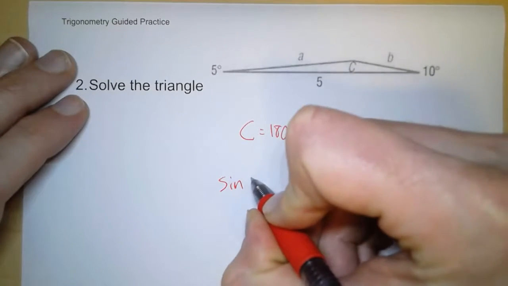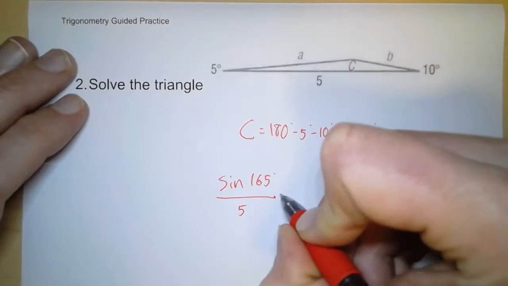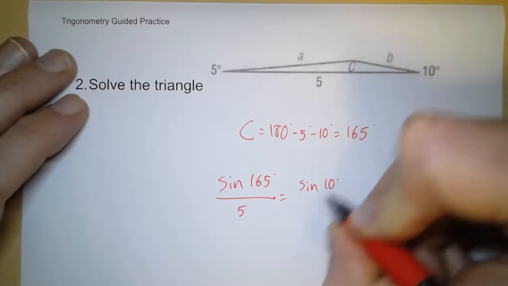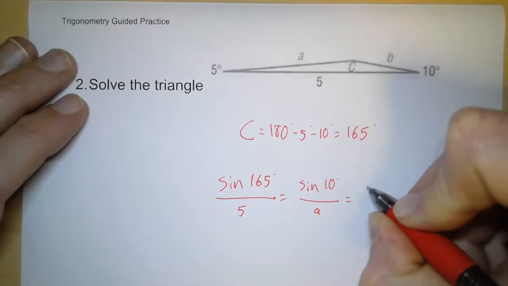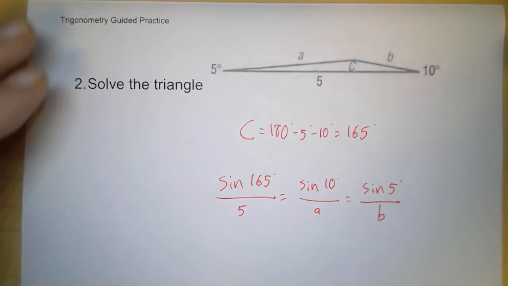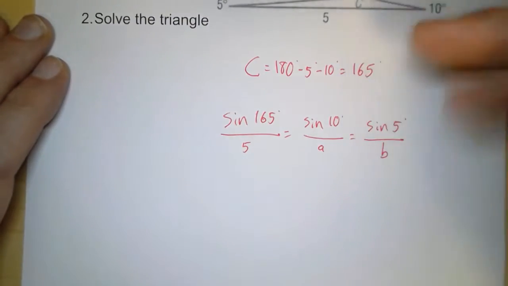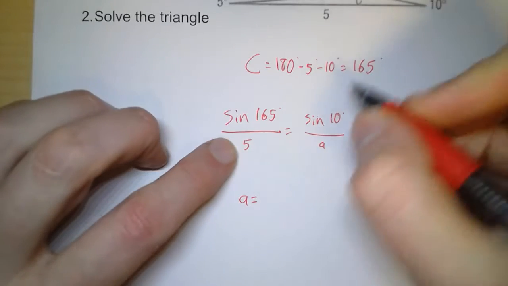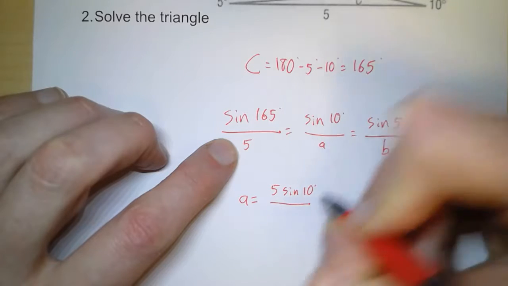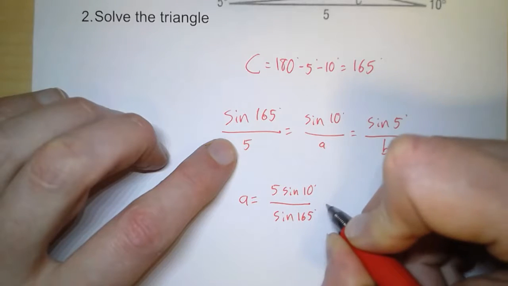So we take sine of that angle that we just found, 165 degrees, divided by 5. That's equal to sine of 10 degrees over A, and that's equal to sine of 5 degrees over B. Covering this up, we'll solve this proportion for A. So A is going to equal 5 times sine of 10 degrees divided by sine of 165 degrees.